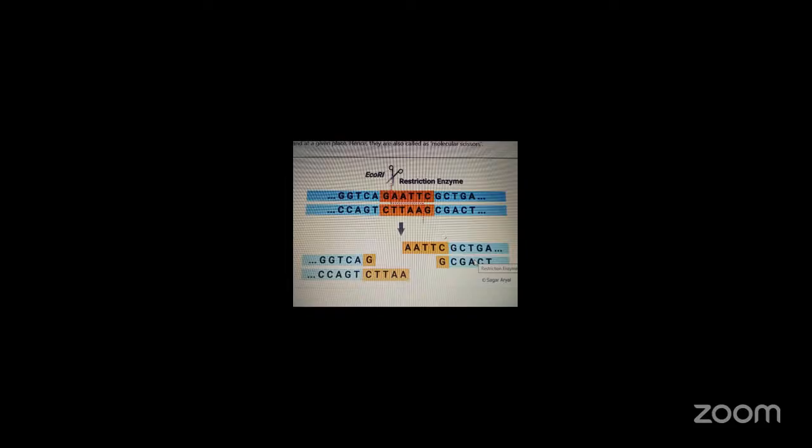It exists as part of a complex with the modification methylase. And another, type 4 enzyme, targets modified DNA, for example methylated, hydroxymethylated, and glucosyl hydroxymethylated DNA.